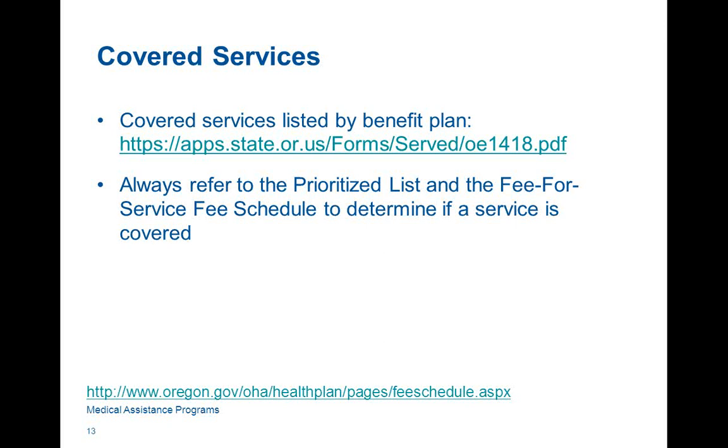You can also look at our general rules. So I'll show you a little bit later how to find the policies online and look at our Oregon administrative rules. One of those rule books is the general rules, and there's benefit plan information listed in that rule book, so you can know which services are covered by which benefit plan. Also, you always want to refer to the prioritized list and the fee-for-service fee schedule to determine if a service is covered.